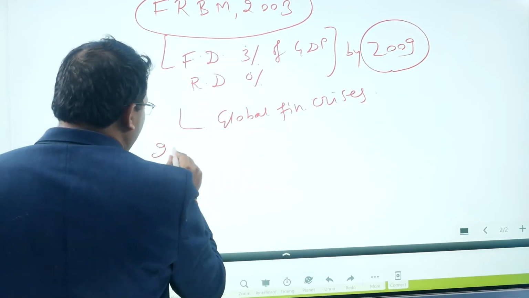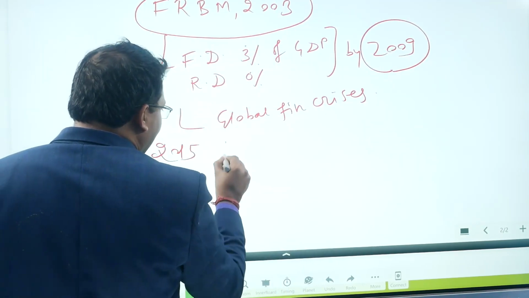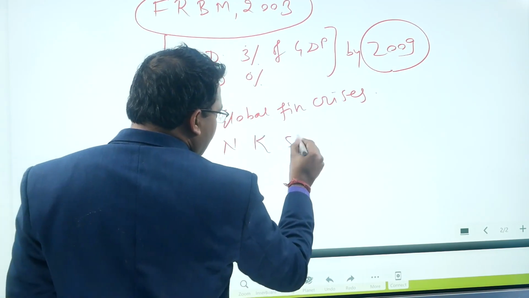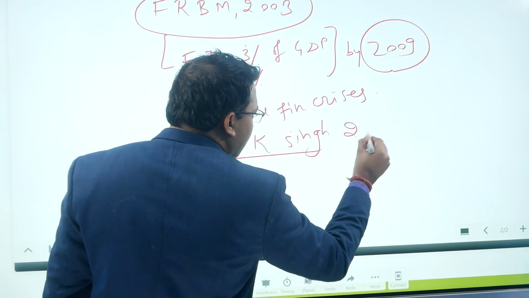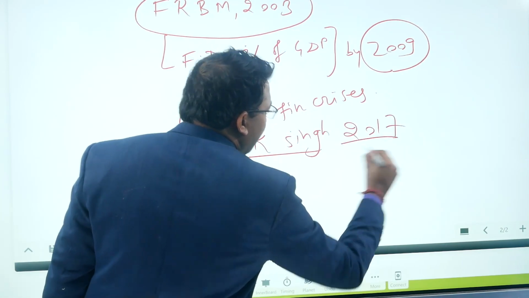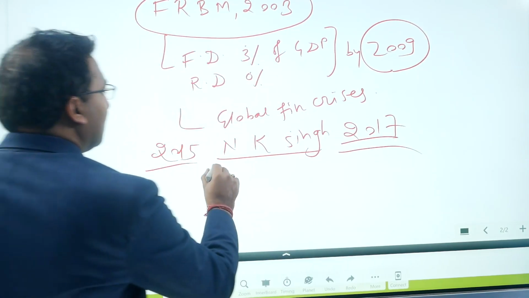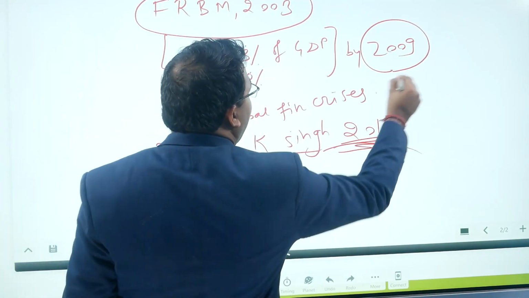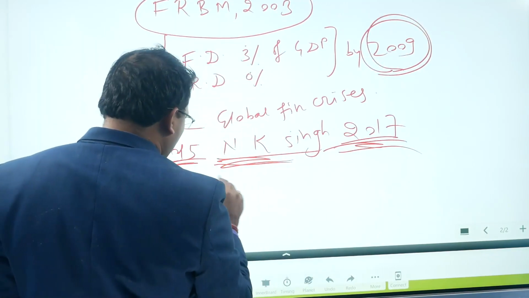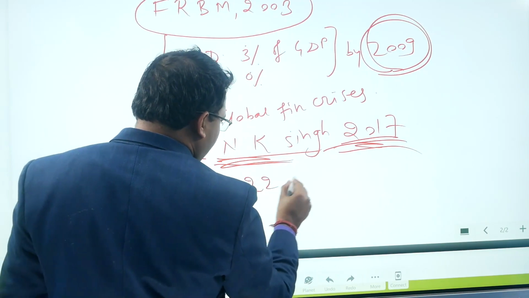Finally, in 2015, one committee, the NK Singh committee, was constituted, and this committee gave its report in 2017. This committee said that this FRBM timeline can be extended to 2020-2023.